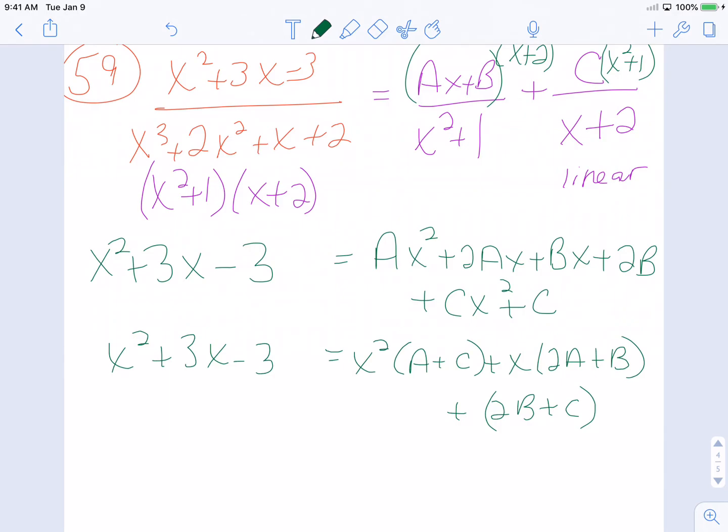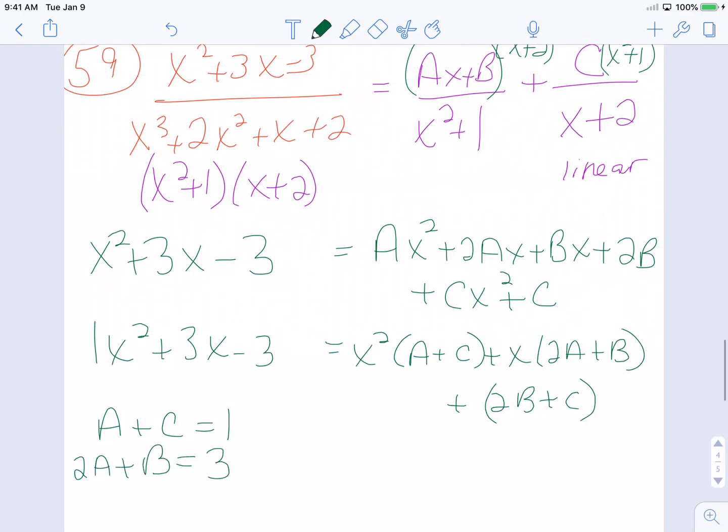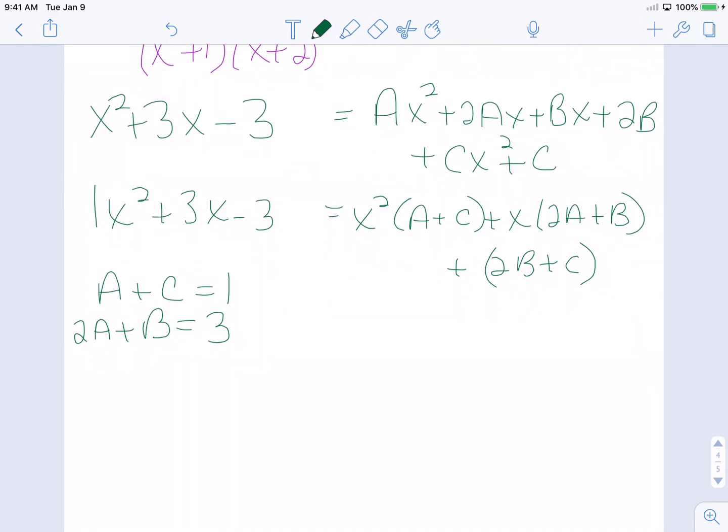So now making our equations. One equation, a plus c equals 1, since there's a 1 in front of x squared. The second equation, 2a plus b equals 3. And then our third equation, 2b plus c equals negative 3.